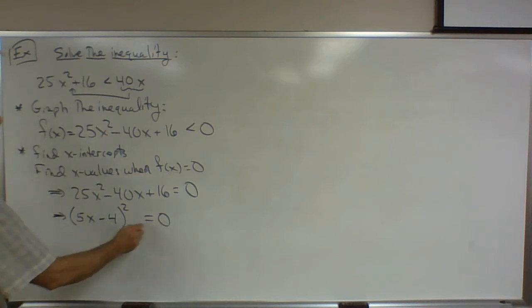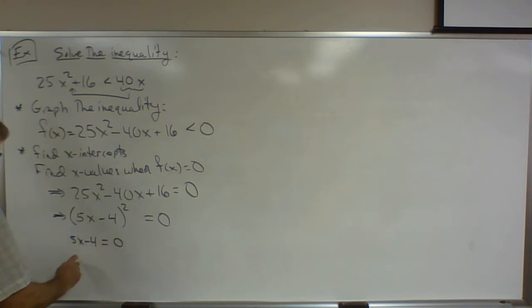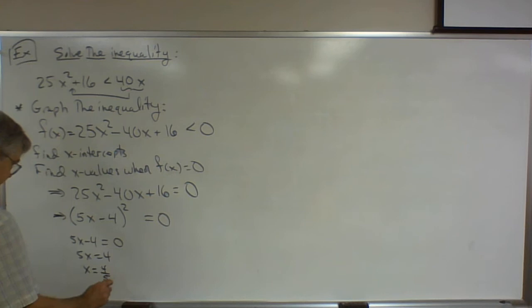So let's see. When is this equal to 0? We have 5x minus 4 equals 0. So 5x equals 4, and that means x equals 4/5.